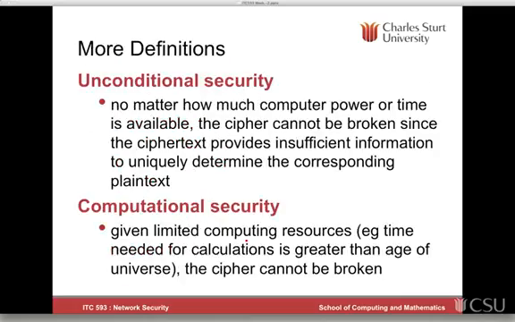Some more definitions. Two more definitions are worthy of note here. One is unconditional security, another is computational security. An encryption scheme is unconditionally secure if the ciphertext generated by the scheme does not contain enough information to determine uniquely the corresponding plaintext, no matter how much ciphertext is available.